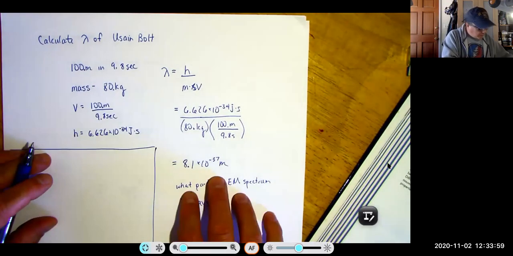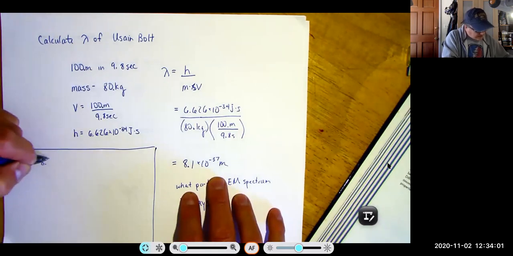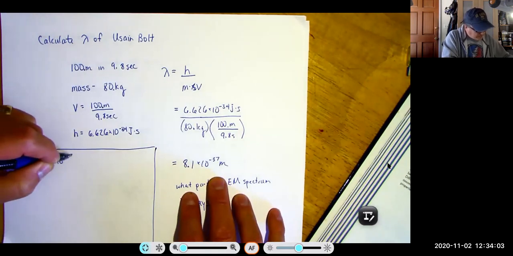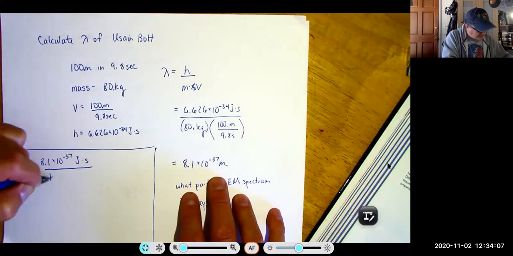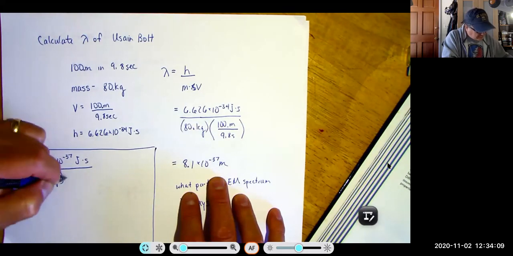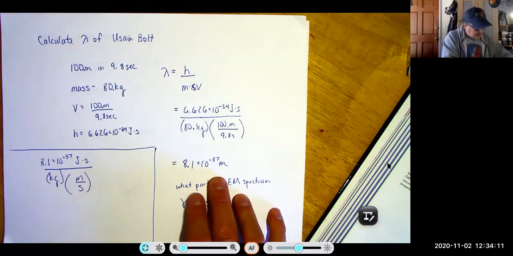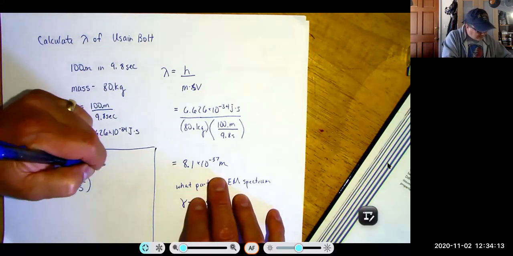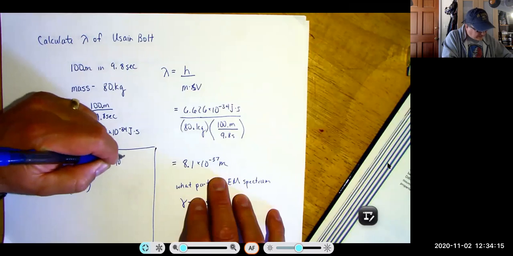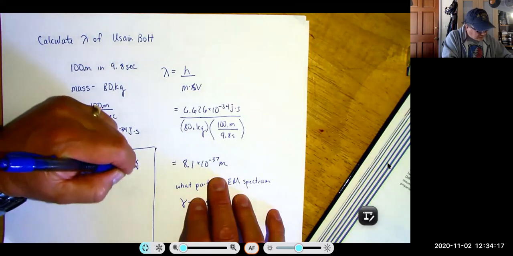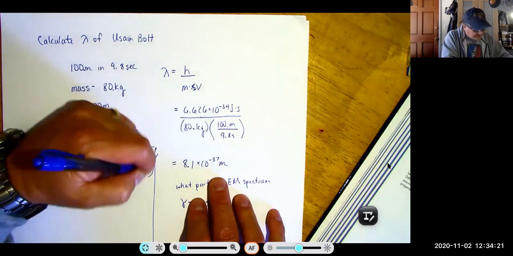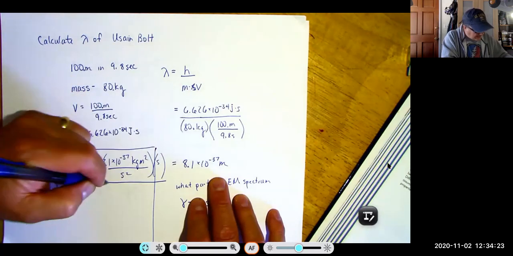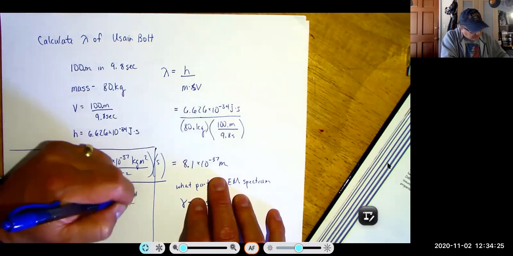So here we actually have 8.1 times 10 to the minus 37 joules seconds over kilograms meters per second. And that's equal to 8.1 times 10 to the minus 37 kilograms meters squared per second squared times second over kilograms meters per second.